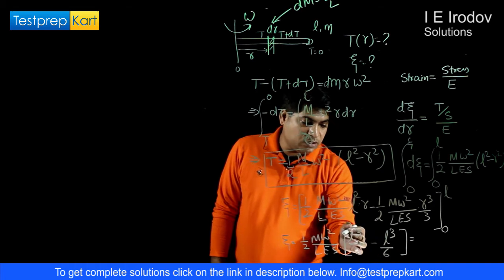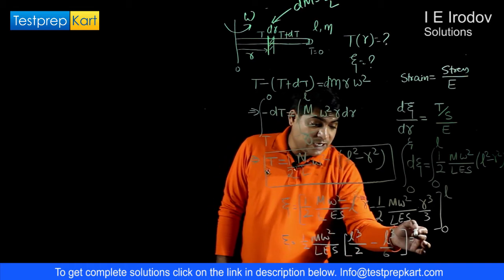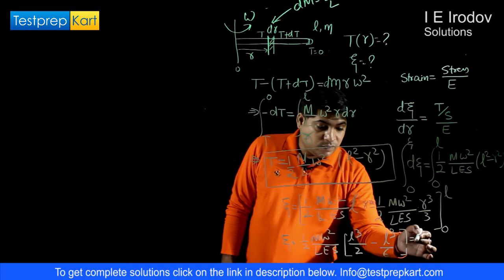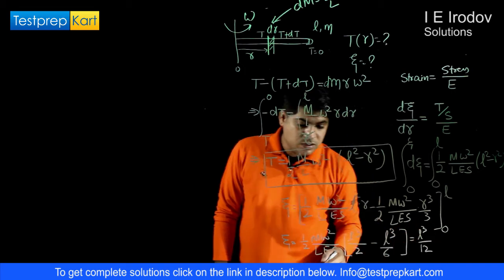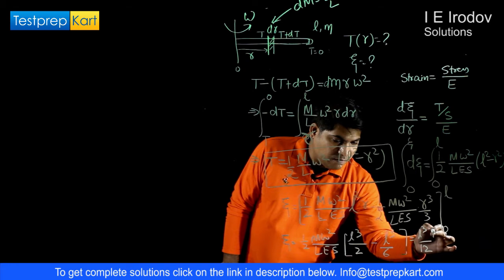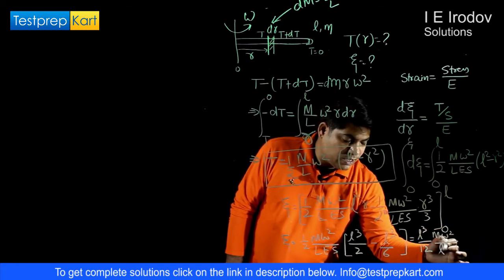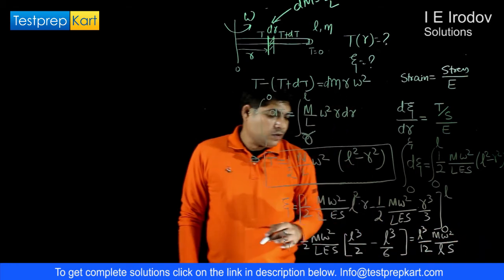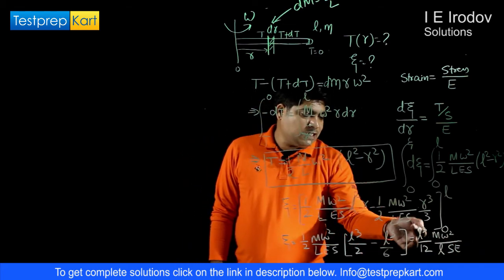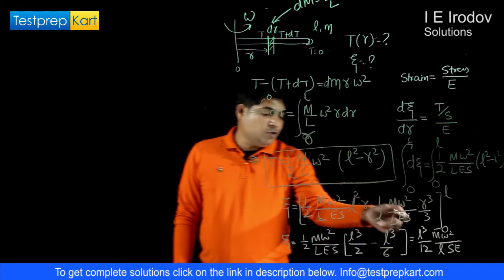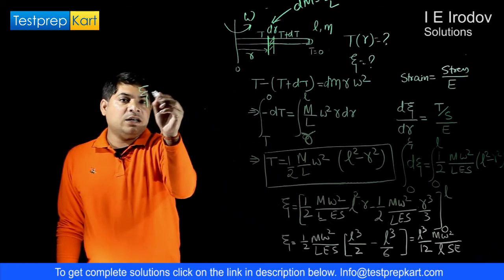This is 6, so 3 minus 1, L cube upon 6, so this is L cube upon 12 into m omega square L into S into E.